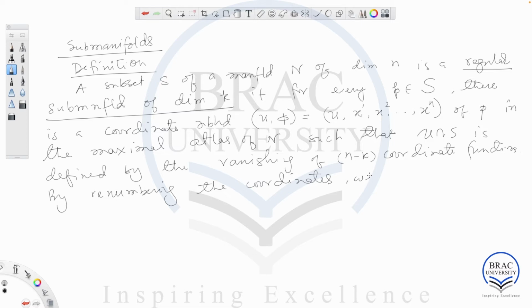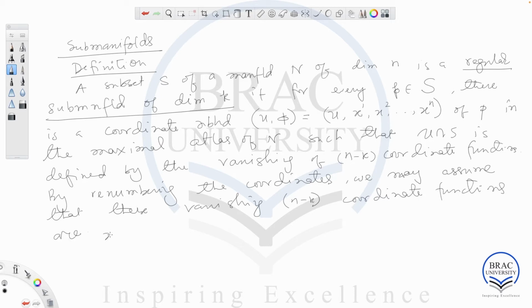We may assume that these vanishing n minus k coordinate functions are x(k+1), x(k+2), all the way up to xn.